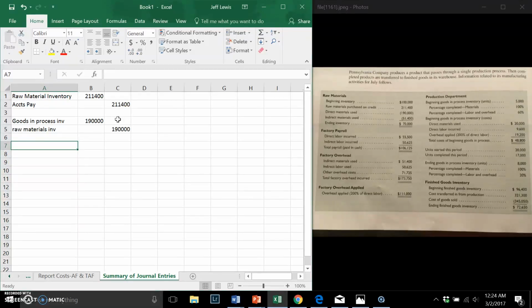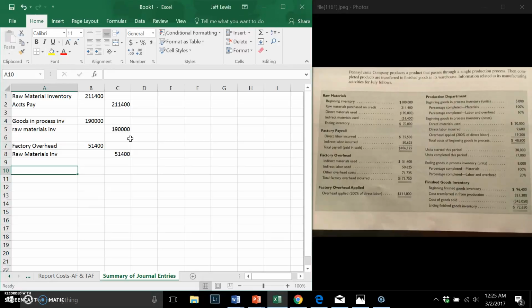The two accounts in this entry are factory overhead and raw materials inventory. The entry is 51,400. You see right here, indirect materials used. That's the number that you're going to enter.